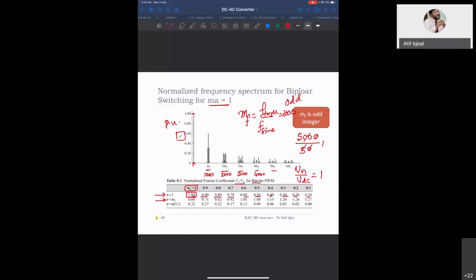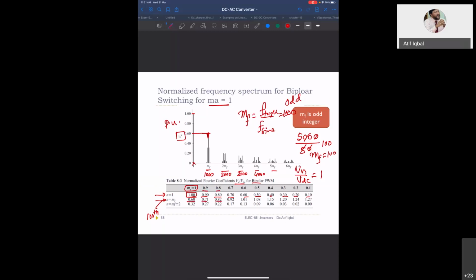So, for example, here MF is equal to 100, so this is the 100th harmonic. For the 100th harmonic, the magnitude is 0.6. You see, this is 0.6. If your modulation index is 1, it will give you 0.6. If you use 0.9 modulation index, it will be 0.71.